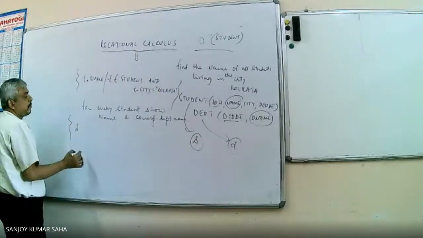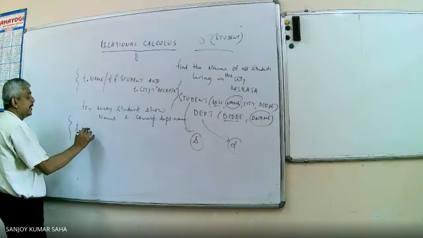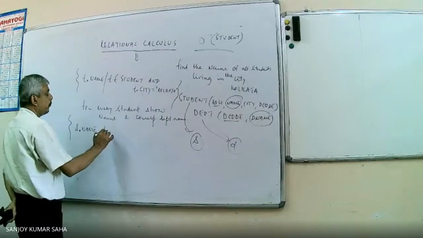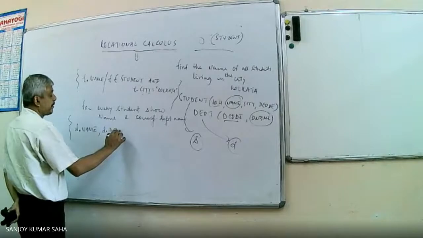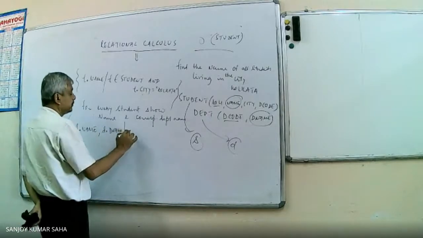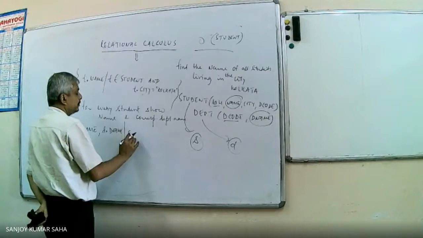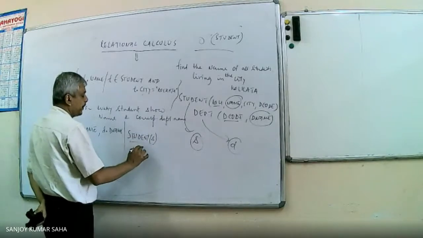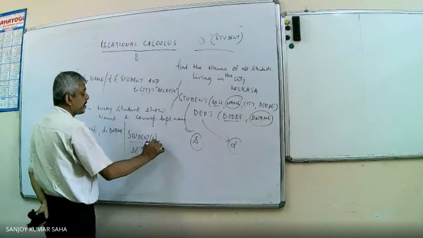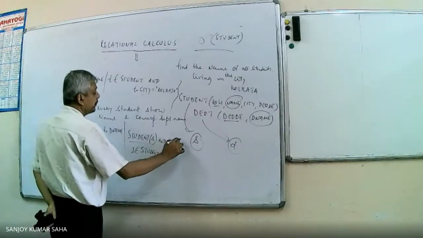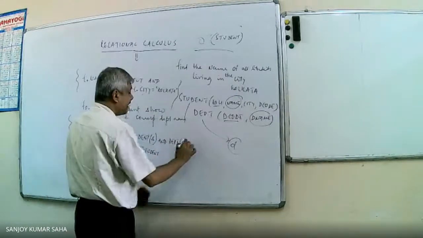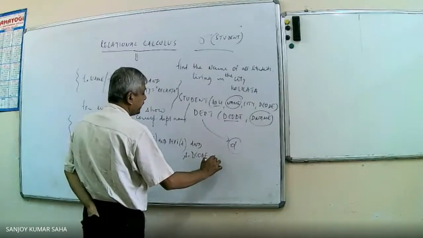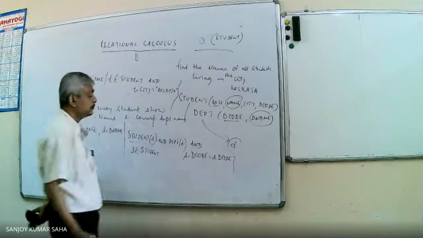From S, I want to find out the name. From D, we want to find out the department name, such that student S, one can write it this way, or one can write S belongs to student, and department D, and correspondingly S dot D code equals D dot D code.